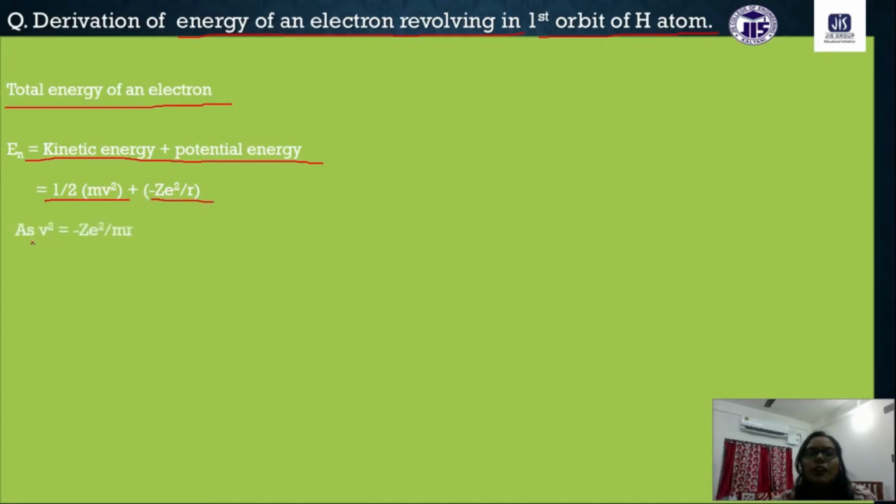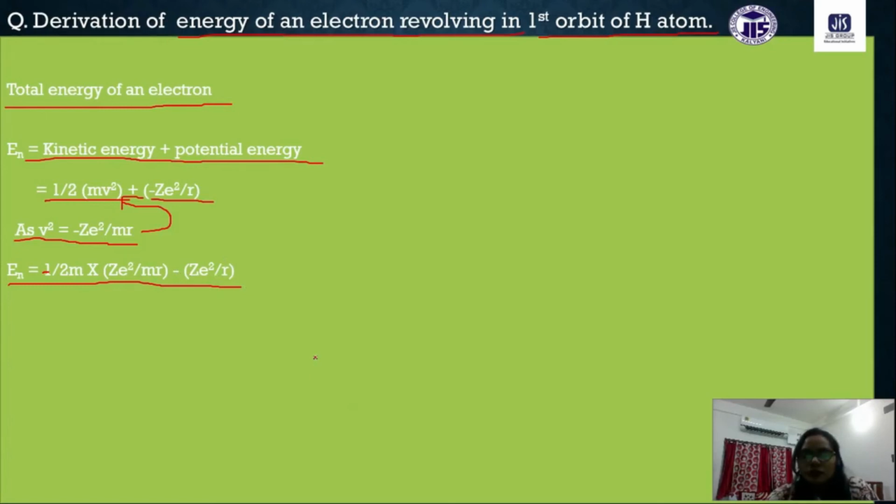We know that v square equals Ze square by mr. From the derivation of Bohr's orbit, we have already seen that v square equals Ze square by mr. If we put this value in this equation, what will we get? That means En equals half m Z square e to the power 4 by mr, minus Ze square by r.